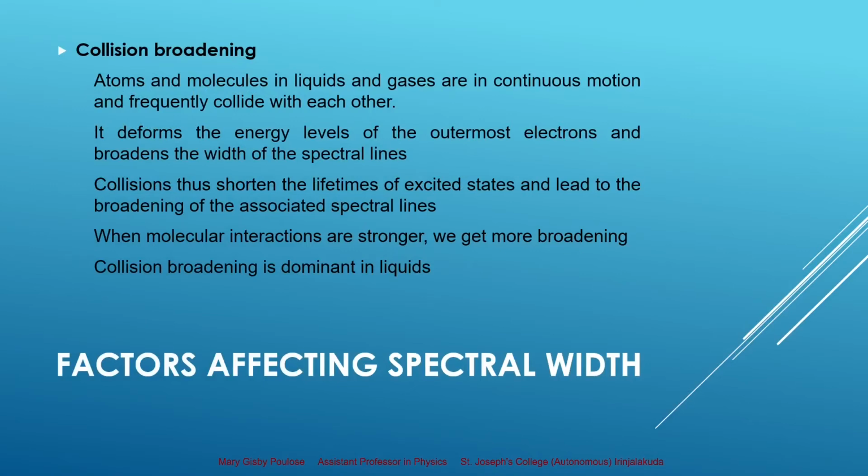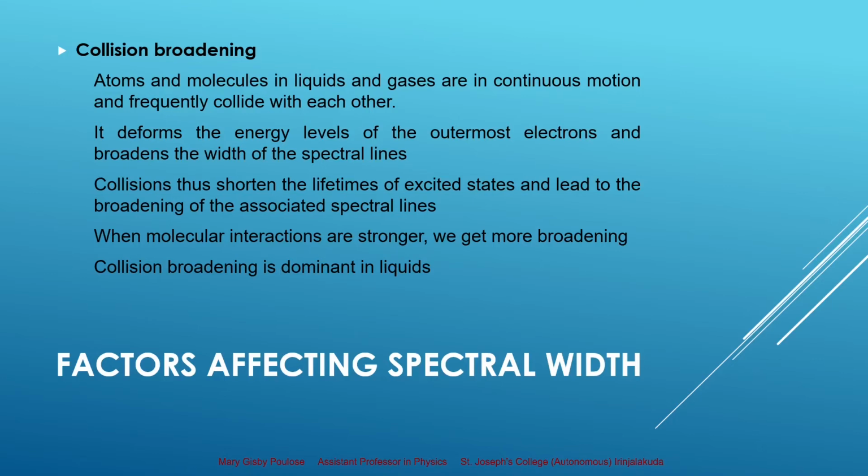So in the sample that we take, in which we want to measure the absorbance or the transmittance or the light emission, the atoms or molecules may be in the gaseous form or in the liquid form, and they will be in continuous movement, and hence they will continuously collide with each other.